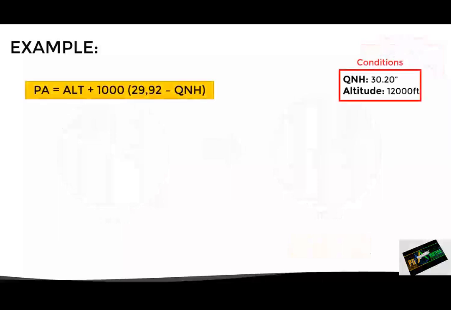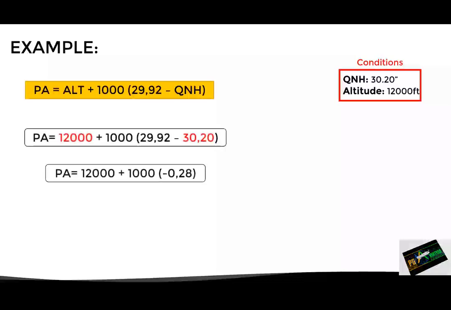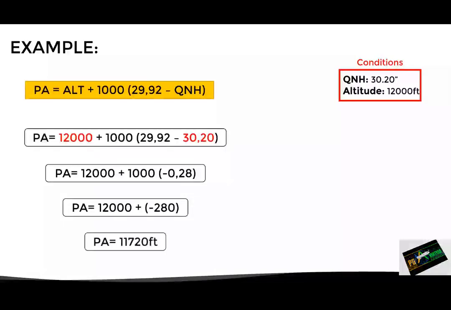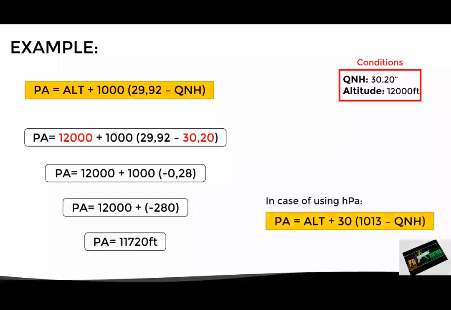Here, we just have to replace the indicated altitude and the QNH in the formula and do the math. Obtaining a pressure altitude of 11,720 feet. It is important to mention that this formula is applicable only when using inches of mercury. If the QNH is expressed in hectopascals, we can use this other modified formula.